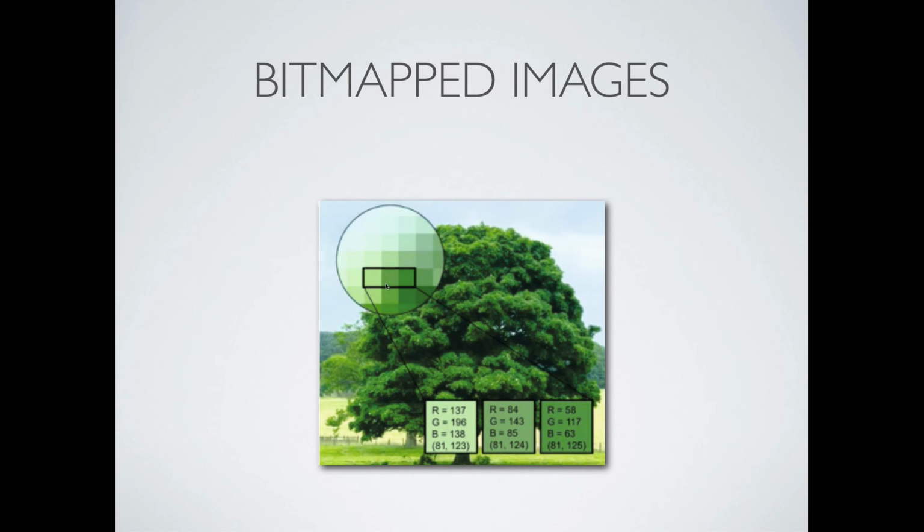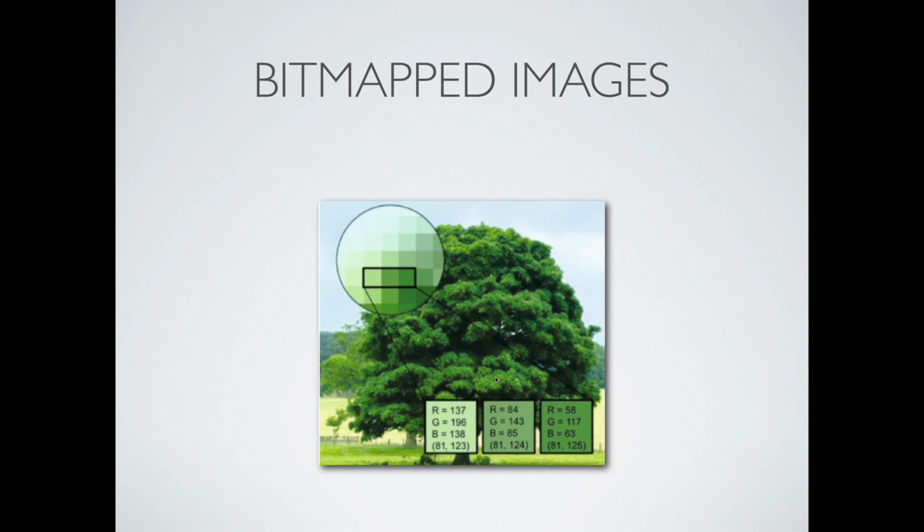And the pixel next to it has a slightly different shade. It's still kind of greenish, but this one has different RGB values, and the one next to it has different values again. So every pixel in this image would have, well, not necessarily unique, but its own color value associated with it.